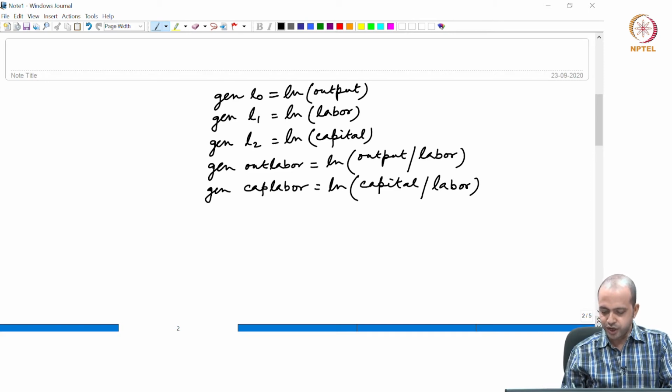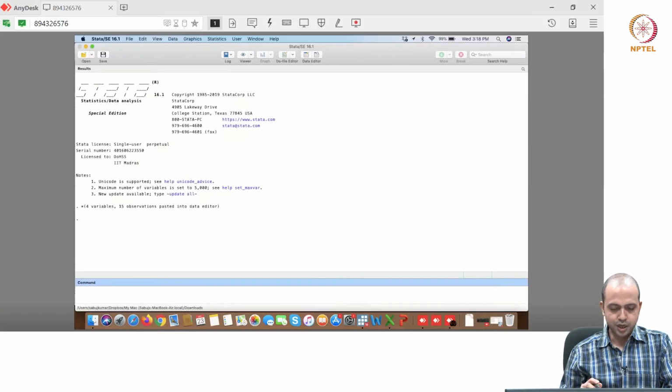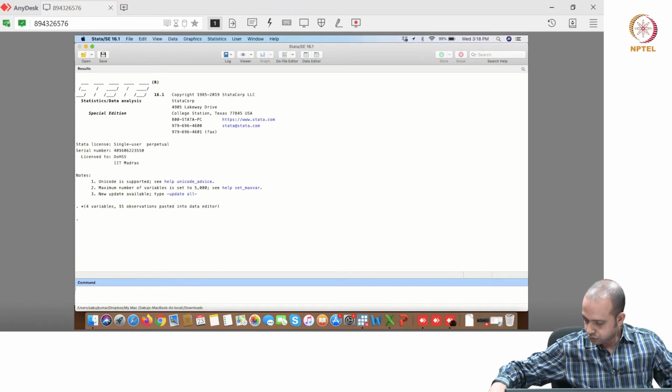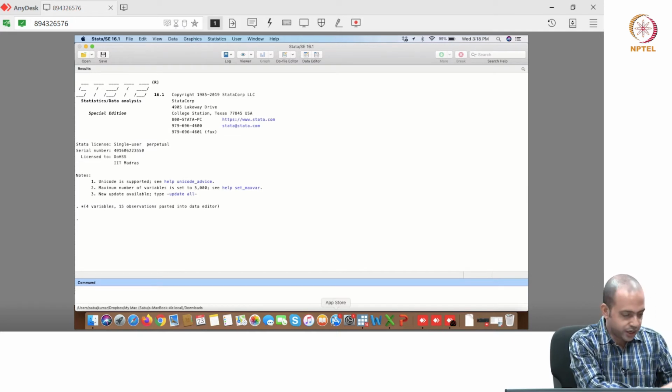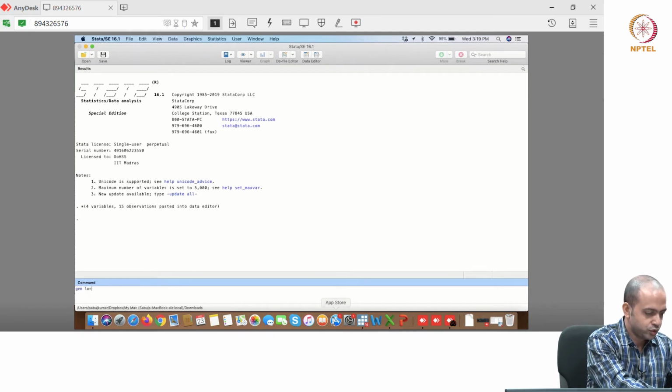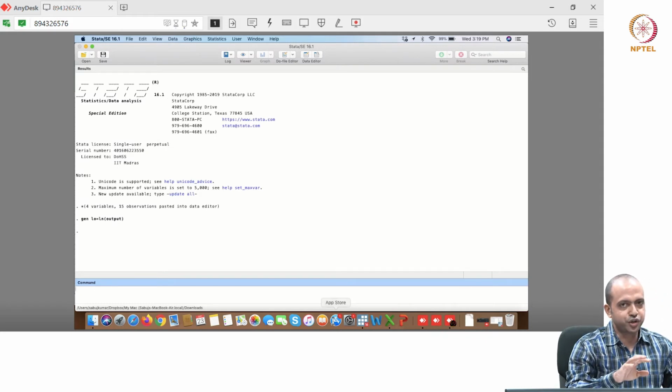Now I will go back to Stata once again and estimate the model. What is the command that I am using? You have to say gen L0 equals ln output. So, I have generated the output variable in log form.